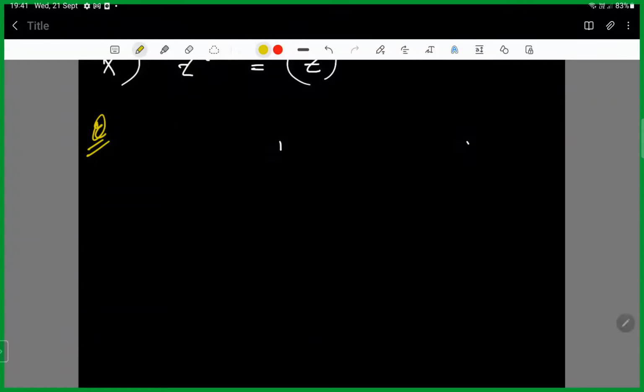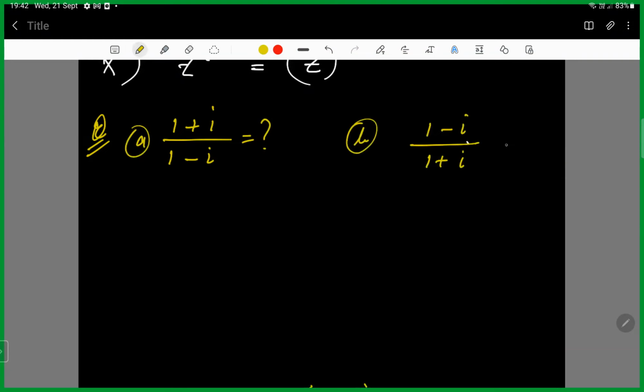Just write down: find 1 plus iota upon 1 minus iota. Once you are done with this, do this: 1 minus iota upon 1 plus iota. How will you solve it? Anyone? How will you solve it? Not necessarily. Okay. We call that process rationalization, right? Rationalization and you get it.